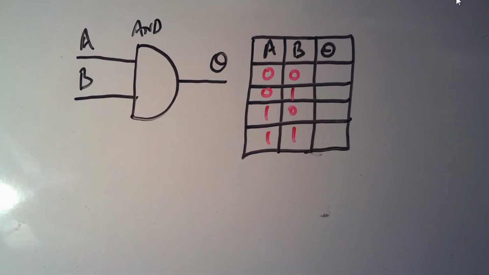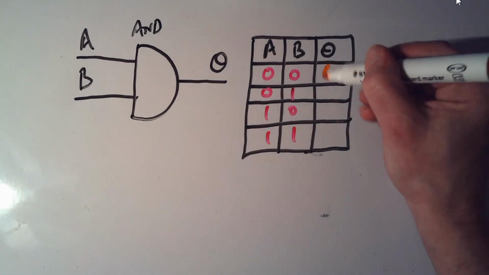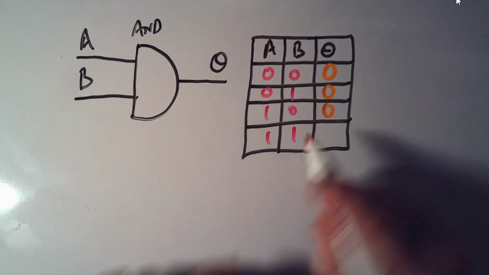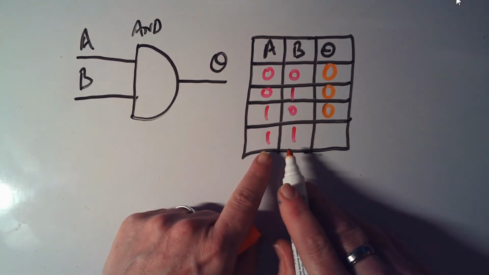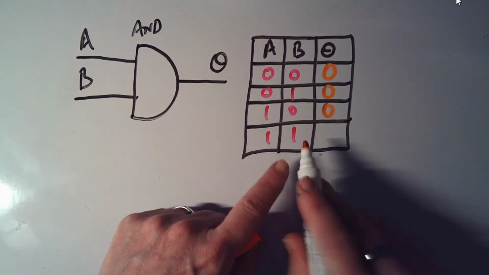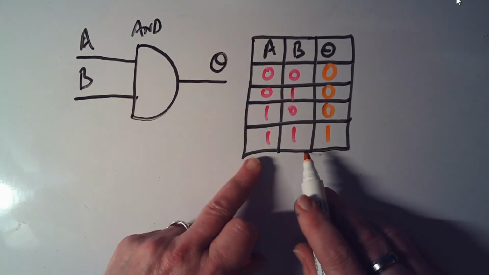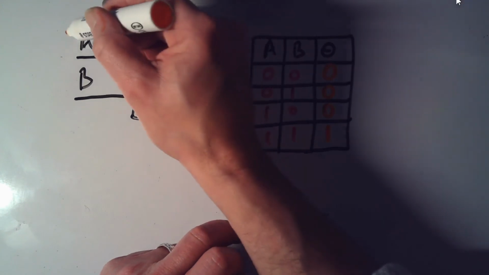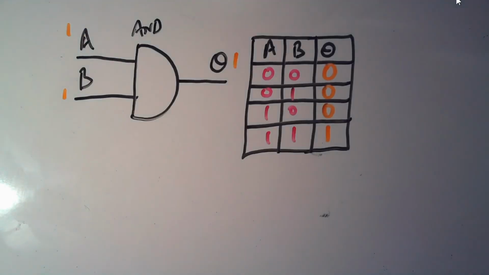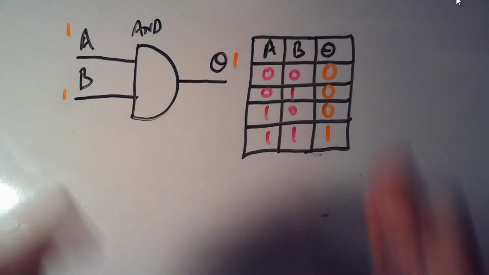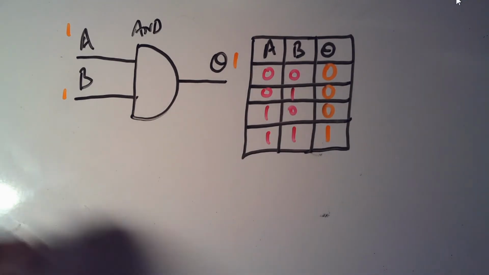So I'm sure you guys remember that with an AND gate we will always have 0 output unless we have this single condition here, which is a 1 for both A and B, and that's the only time that we get a 1 for our output, when A and B are both 1. Okay, so that's the AND gate illustration of Boolean logic.